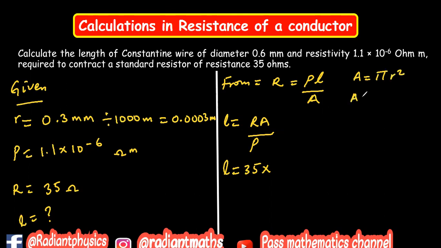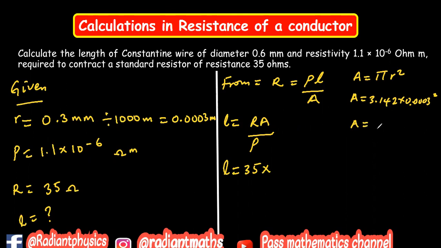So in this case, we can quickly calculate the area of our circle, or sorry, area of the wire by saying 3.142. That is the value of pi multiplied by 0.0003 square. Yes, there's a decimal point here. And then just multiply everything. So take your calculator and do the calculation.